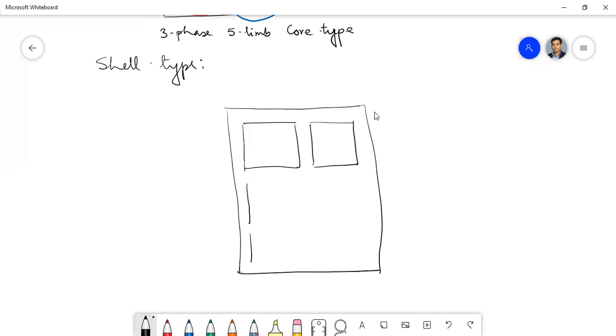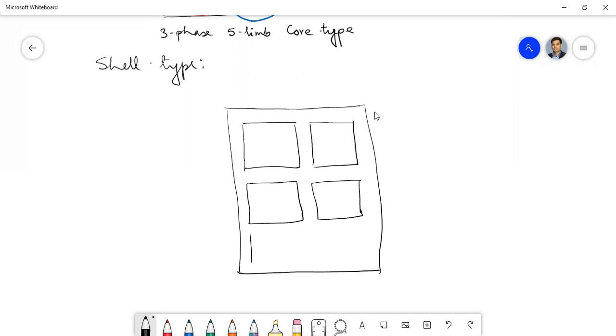So what is the main advantage of the 5-limb core type transformer over the 3-limb core type transformer? As I mentioned, the flux paths are balanced.